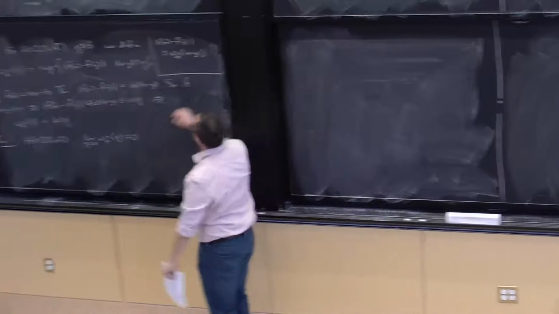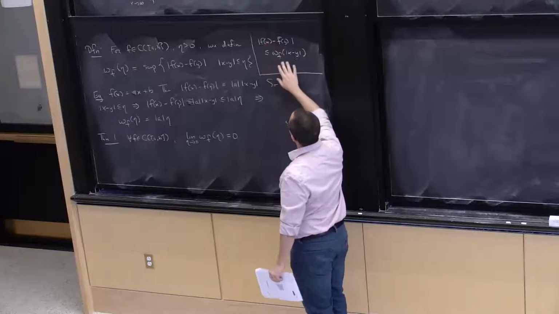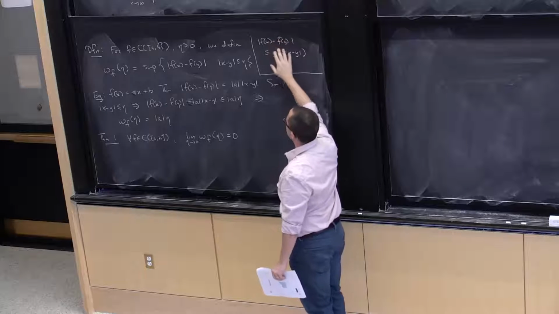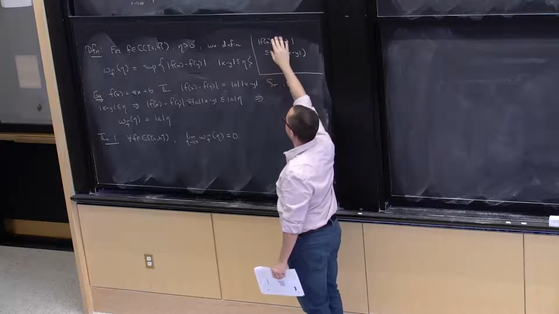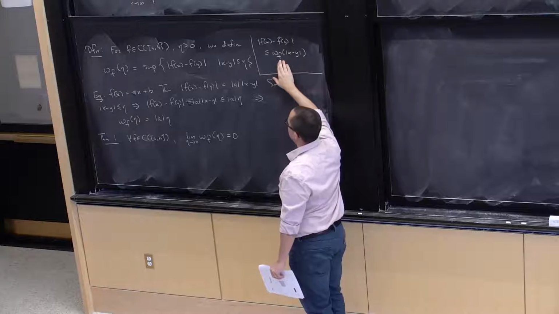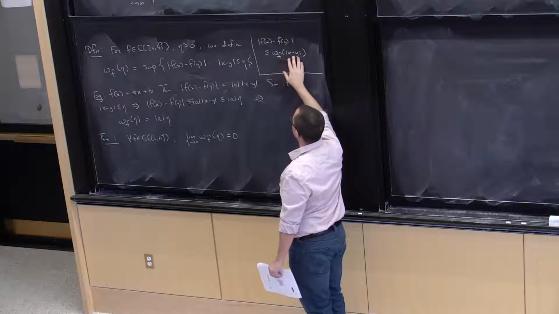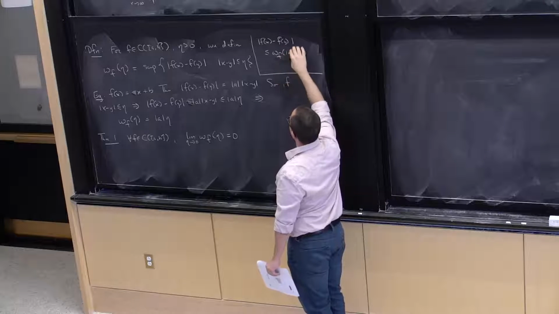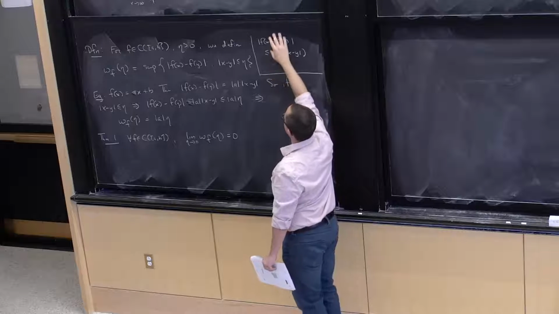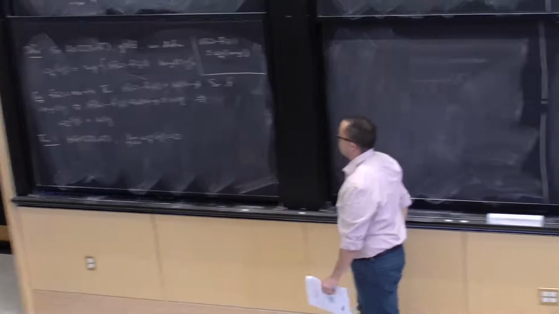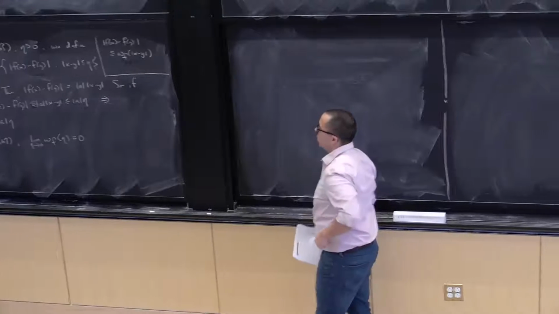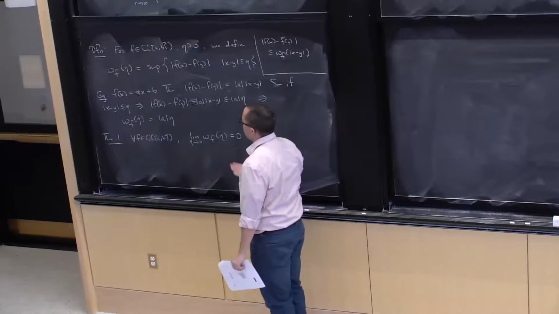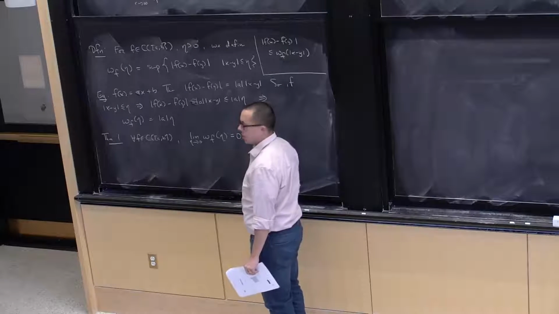And therefore, you should think of it this way: if I'm trying to make this small, then the modulus of continuity is something that controls how close f of x and f of y are together. So somehow continuity is controlled by this function, the modulus of continuity, right? If as this goes to 0, this goes to 0, then somehow I'm saying f of x and f of y are very close together, all right? So again, the modulus of continuity is a way of measuring continuity of a function. Okay, that's one way to think of it.